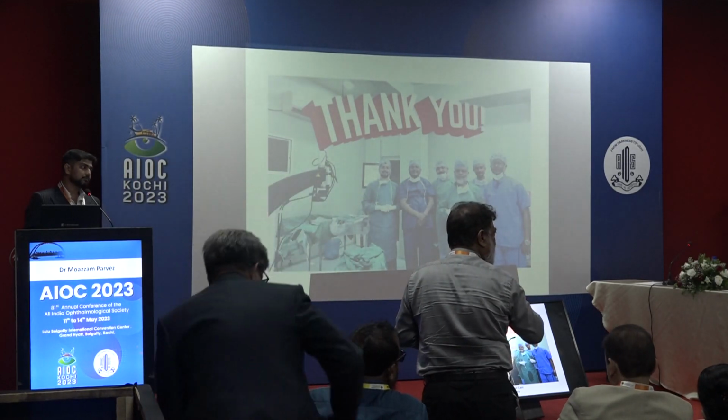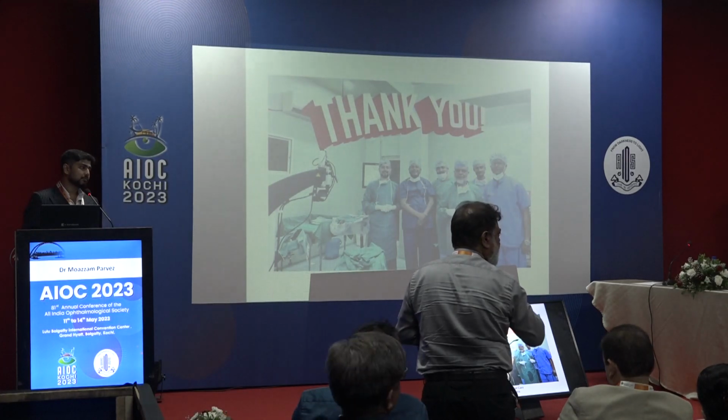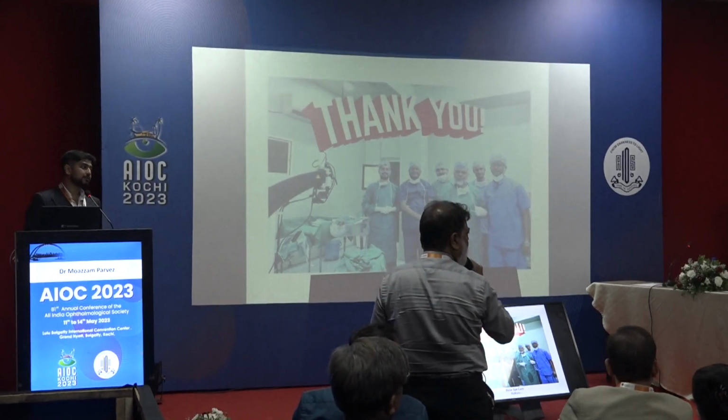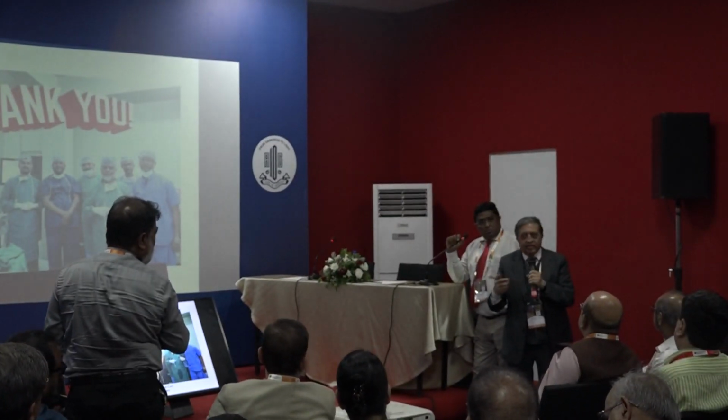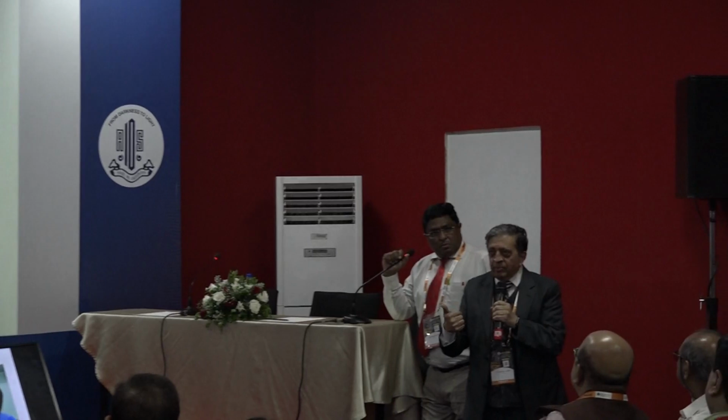but I'll give you one incidence. A doctor friend of mine from another city one day rang me up, and he said that I implanted a toric lens. The previous pre-op astigmatism was about 2 diopter, and then at the end of it, when I realized, it went to 4 diopter. Everything was normal. My surgery was perfect. I had done absolutely proper alignment of the lens and everything.